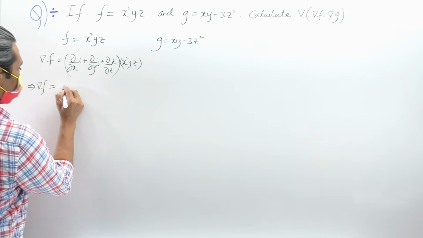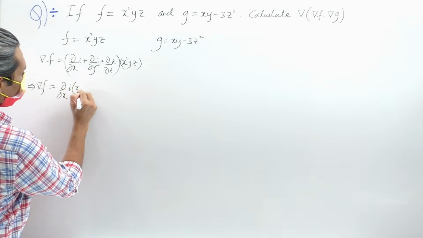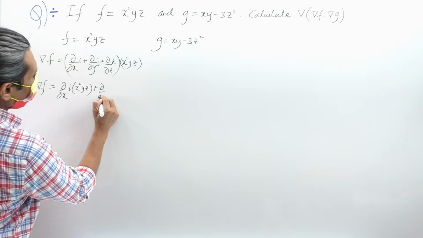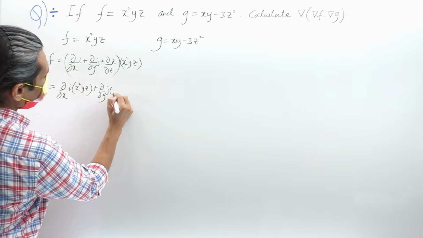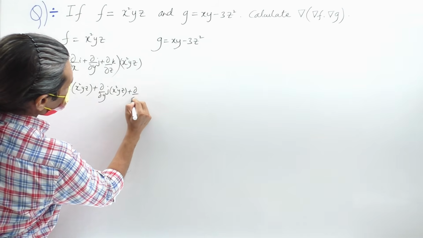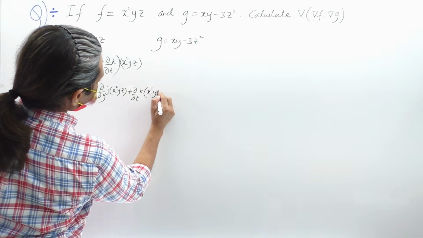That means we have dou by dou x of i into x square yz plus dou by dou y of j into x square yz plus dou by dou z of k into x square yz.